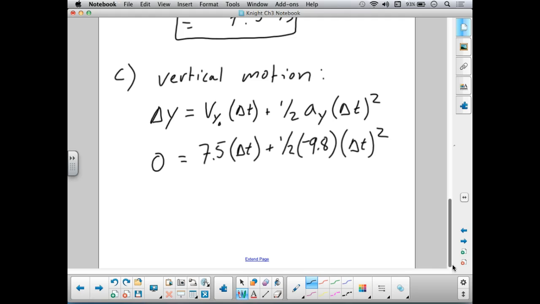delta t squared. And now this is not immediately straightforward, because I look at this and I say, well, I have a delta t and I have a delta t squared. But if we think about it, this is just a polynomial from algebra. If I were going to factor a polynomial and solve for the unknown, what I would do is factor out that delta t.